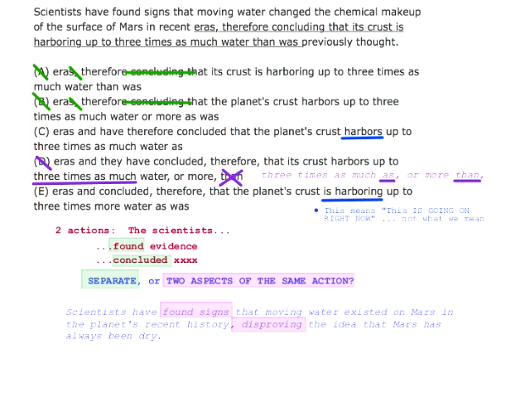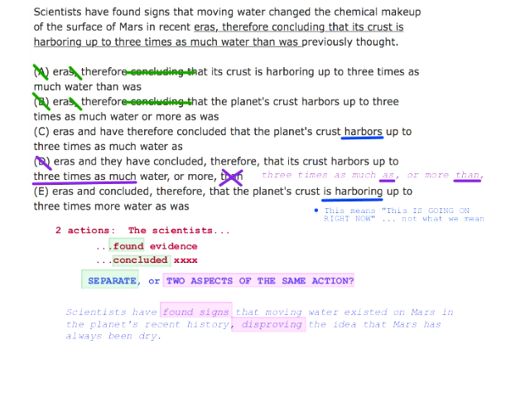Because if you look at the sentence, you're actually talking about evidence from recent eras, which is still from the past. So we're not talking about what is going on right now, although we could be talking about general truths here. So then to figure out what this really means, this is back to step 1 again.